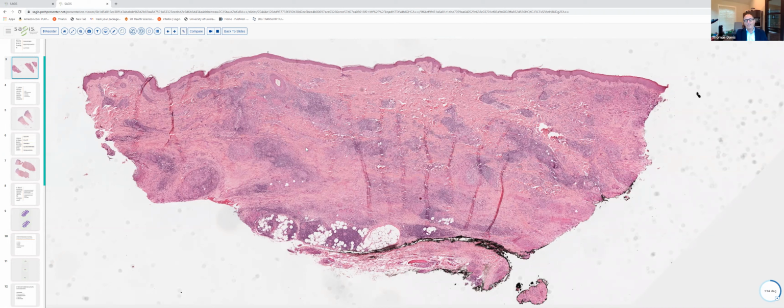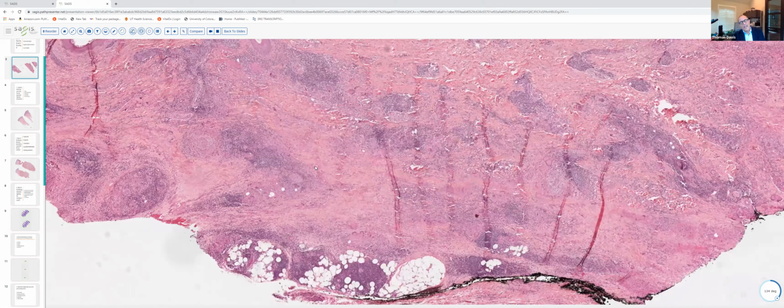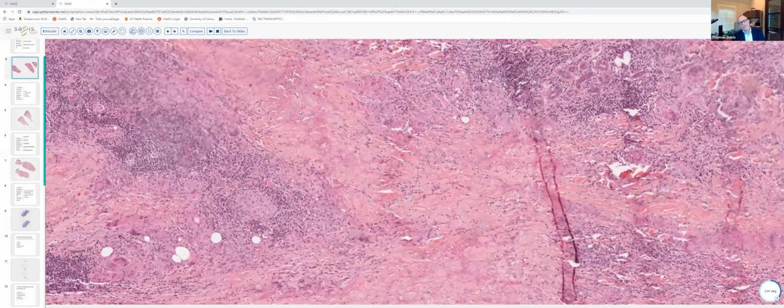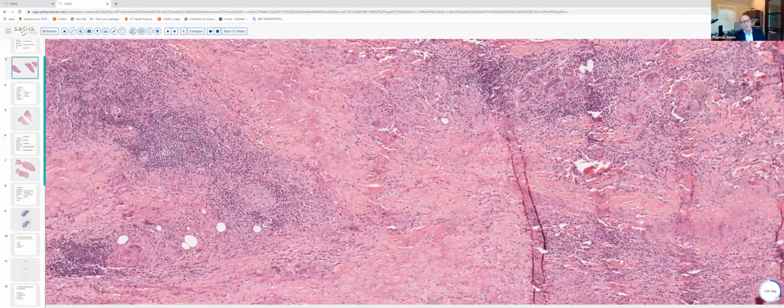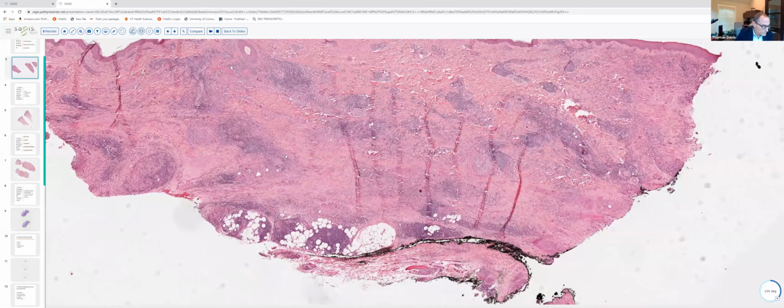In addition, the zones of collagen degeneration tend to be more horizontally layered rather than the X-shaped zones. And when you look at the zones of necrobiosis, they're cleaner. You usually don't see as much neutrophilic nuclear debris, and you don't have as many bizarre multinucleated giant cells. That being said, there can be some overlap here.